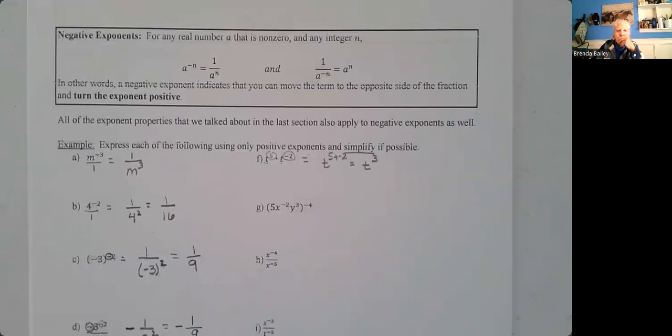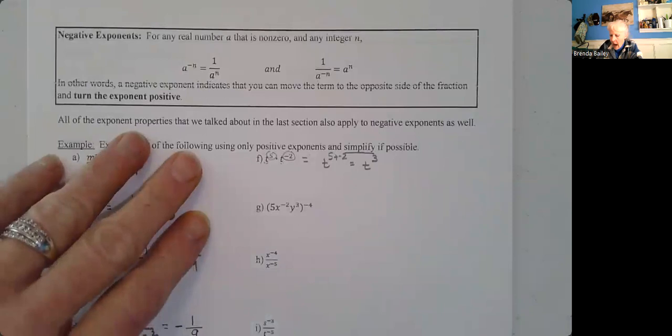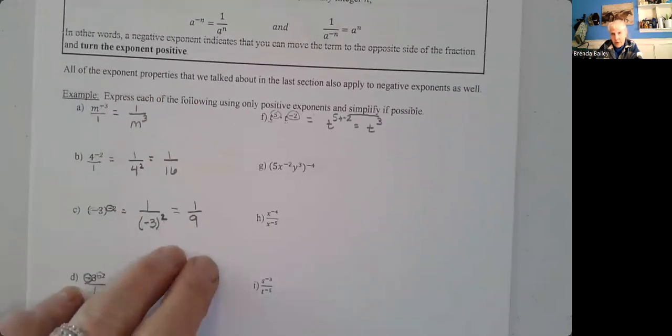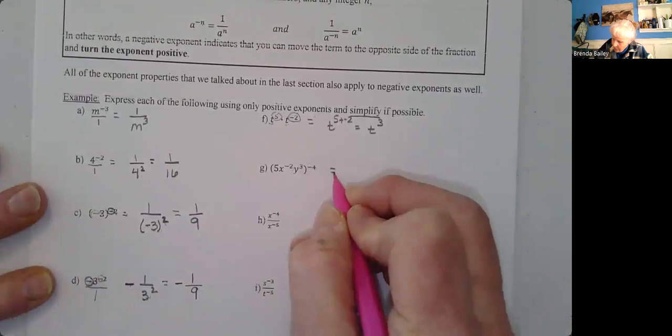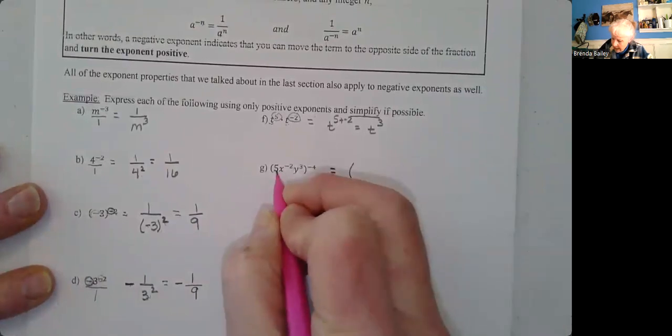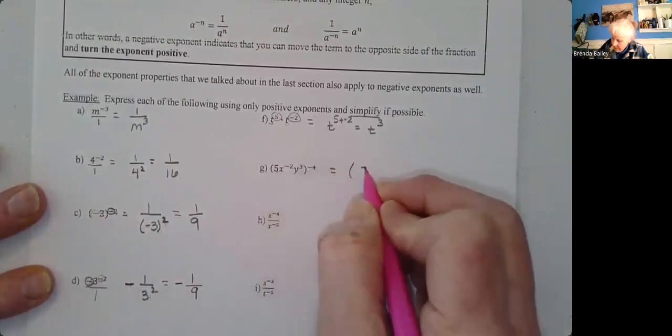Looking at G. Let's see. I think the easiest thing for you guys to do is to work in the parentheses first. And here I'm going to have the 5 stays. It has a +1.